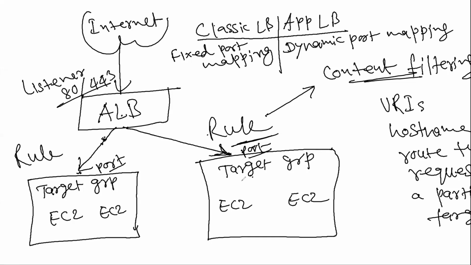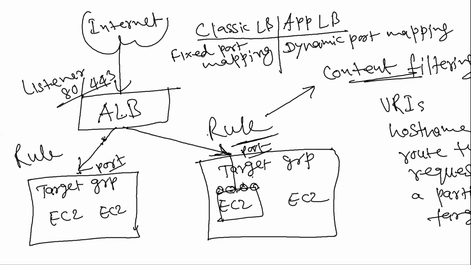Now this one particular EC2, something is coming here. It has like some 4 ports. It's listening on 4 different types of ports, not on one port. You can have 4 applications running here, listening on different ports, right?